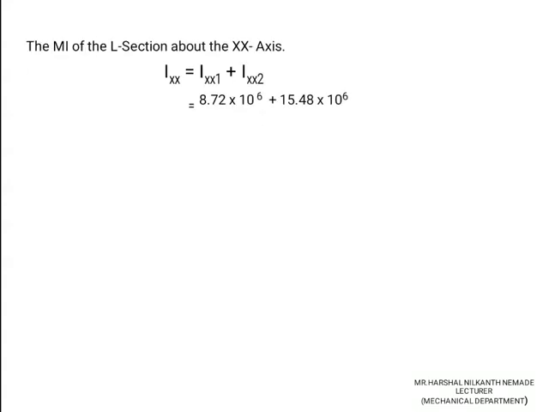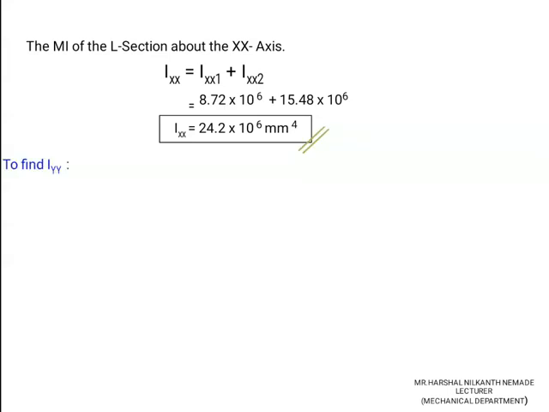On next page, the moment of inertia of the L section about the x-axis, Ixx is equal to Ixx1 plus Ixx2. Substituting the values of Ixx1 and Ixx2, I will get Ixx is equal to 24.2 multiplied by 10 raised to 6 mm raised to 4. This is the final answer.